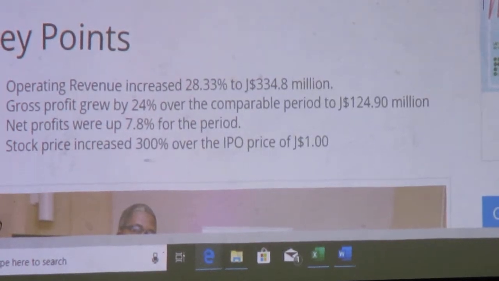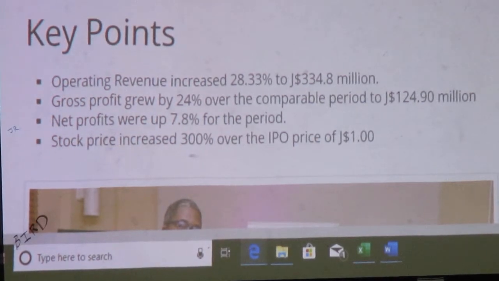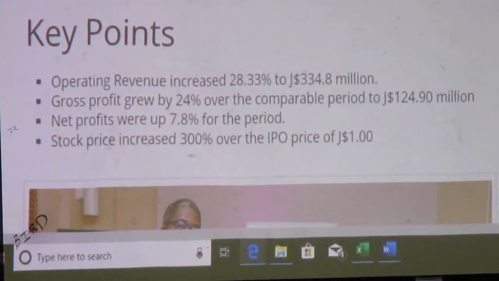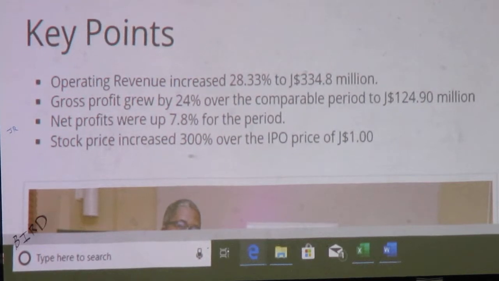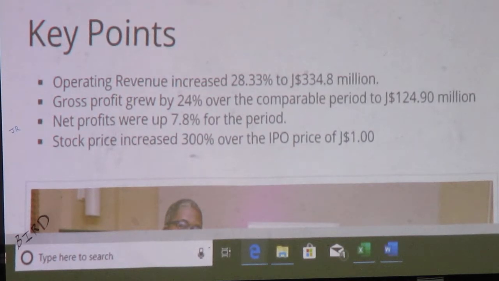By the way, when I'm through, I'll ask a question: using this, what direction would you say the company is going in? So, gross profit grew by 24% over the comparable period to 124.9 million. Net profits were up 7.8%, and the stock price increased 300% over the IPO price.